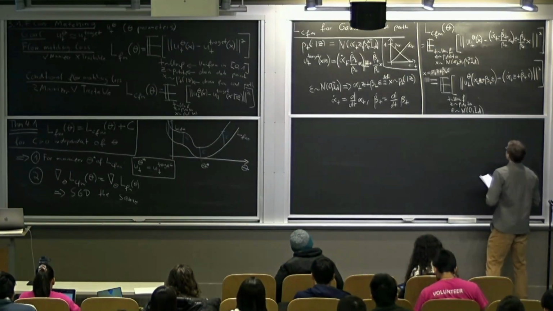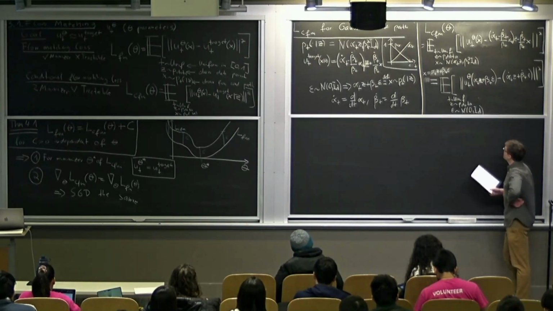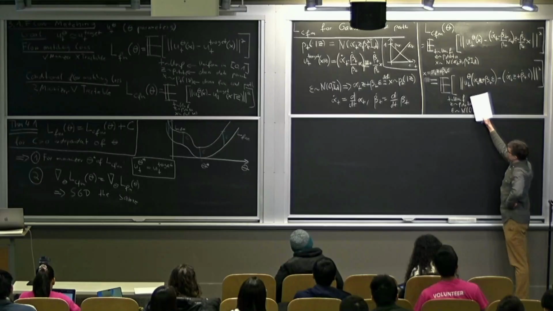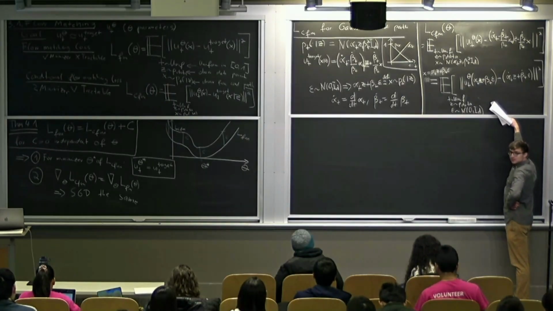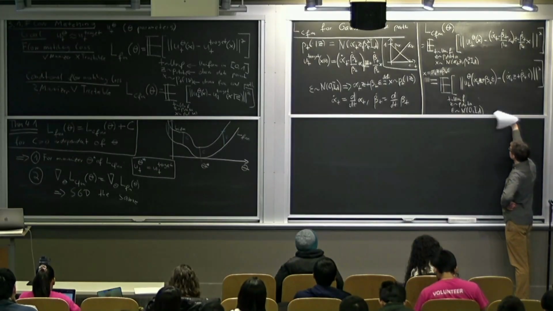So what loss do we have here? What did we end up with? We sample a time uniformly. We sample a data point from the data set. We sample noise, standard noise now, which is going to be the same for all instances.